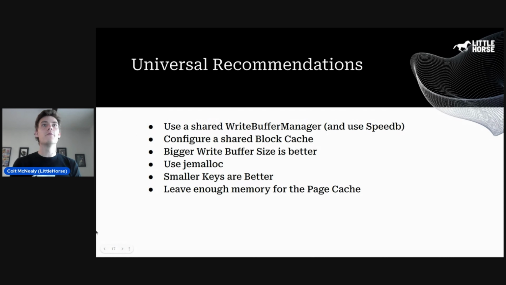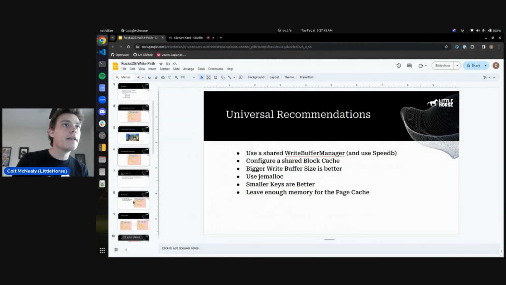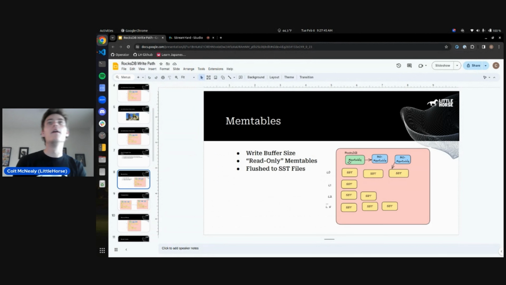I really want to stress that a bigger write buffer size or bigger mem table size is better, because if we go back to this slide, you'll see that when a mem table becomes full, it gets flushed into read-only mem tables, and then read-only mem tables get directly put into SST files in L0. You don't want a lot of SST files in L0 because, number one, that means reads are a lot less performant because they have to check a bunch of SST files in L0.